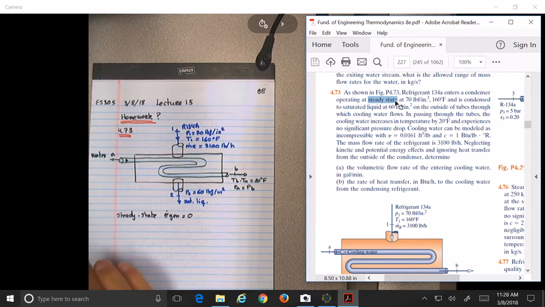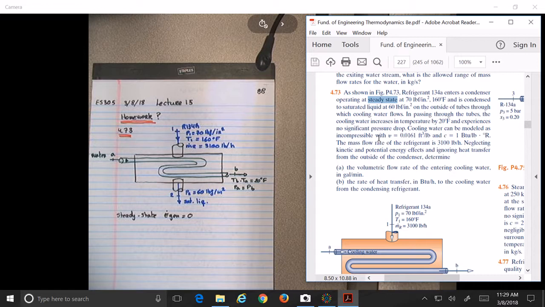At 70 pounds force per square inch, 160, and is condensed to saturated liquid at 60 psi on the outside of the tubes through which cooling water flows. In passing through the tubes, the cooling water increases the temperature by 20 degrees. Okay. All right, and experiences no significant pressure drop.